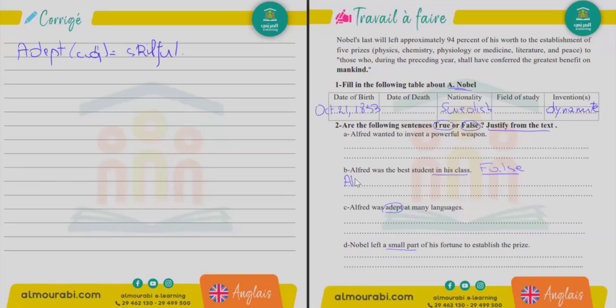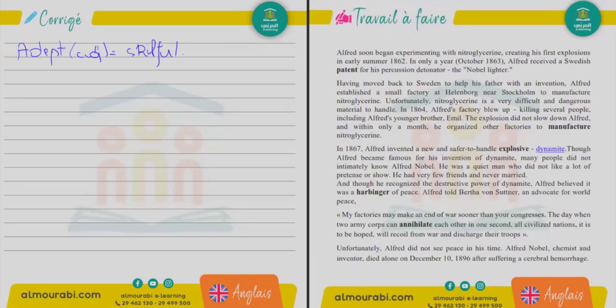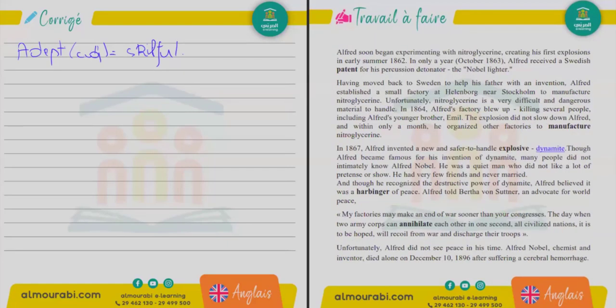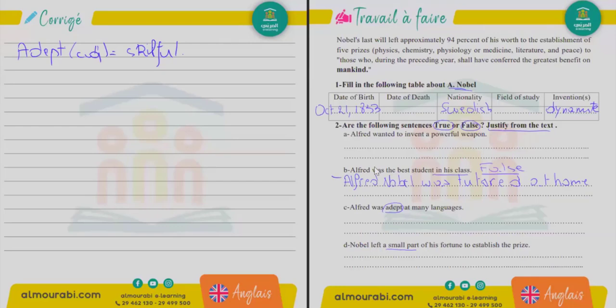Then the detail or justification: Alfred Nobel was tutored at home. As simple as that. That shows that he didn't attend classes, that doesn't show that he's the best in his class. Until the age of 16, this is what I need here. Great.